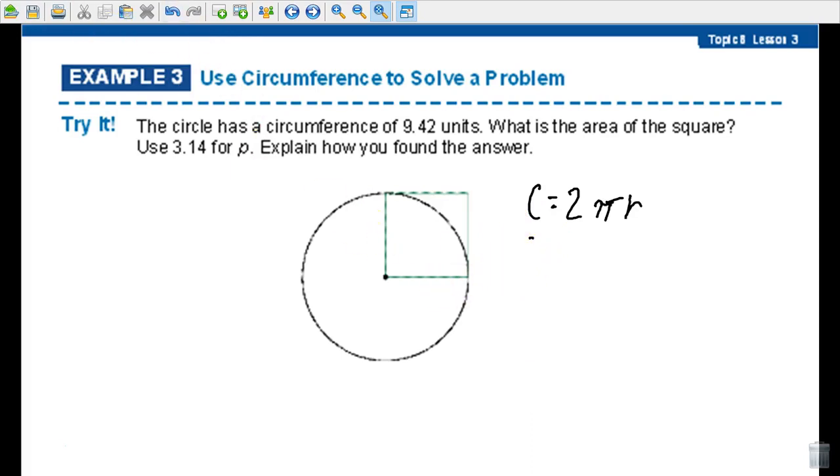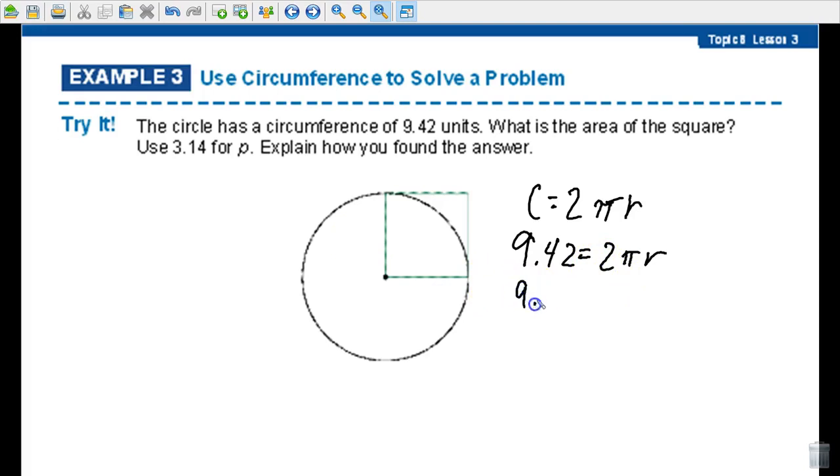So it's 9.42 equals 2 pi r. So now what we need to do is 2 times pi, 2 times 3.14 is 6.28.